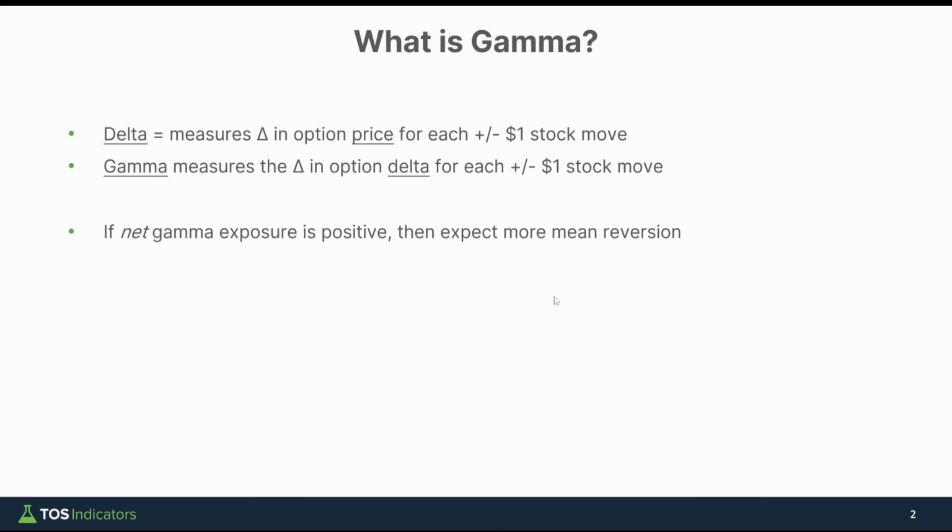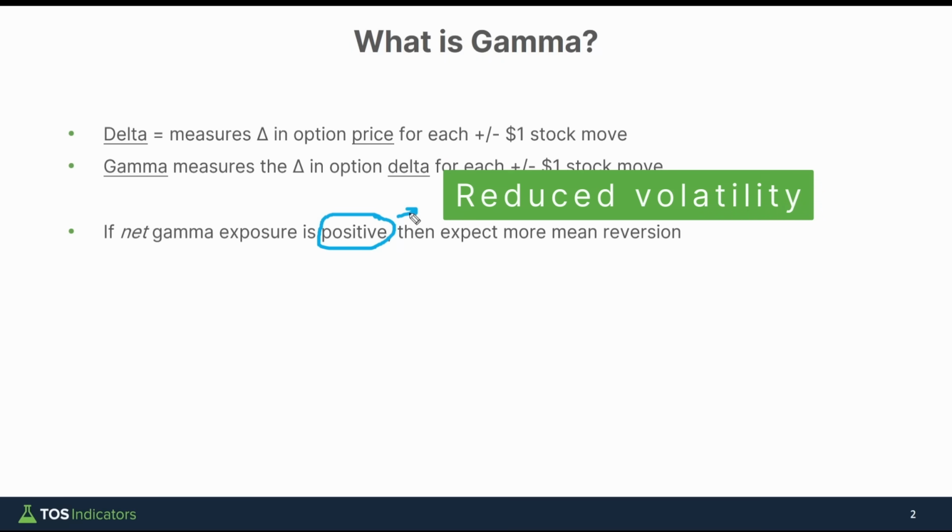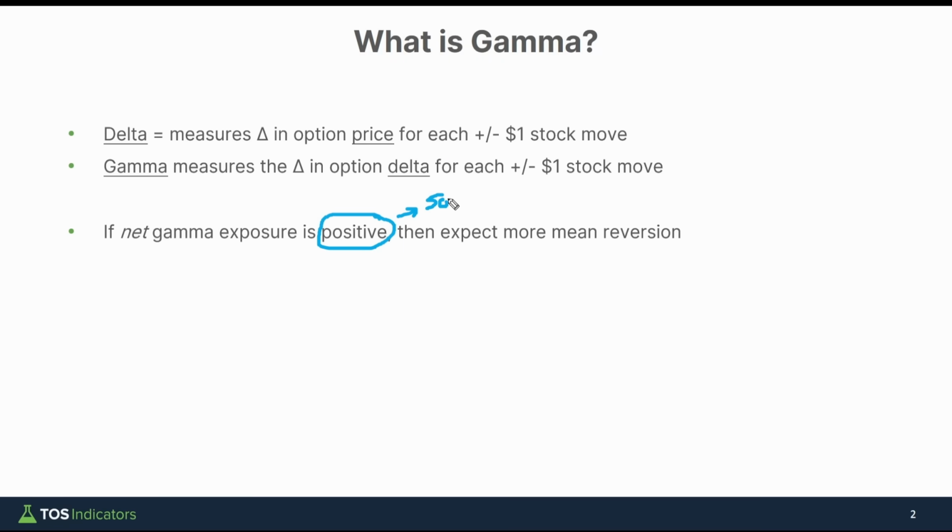Now, a net gamma exposure being positive would imply the following. If the net gamma exposure is positive, then we know that we should expect less volatility. Options market makers have sold options at whatever those strike prices are, and it's in their best interest to keep price fluctuating and to be able to collect all of this premium that they've sold to retail traders who have purchased these options.